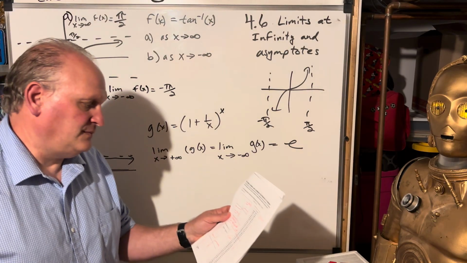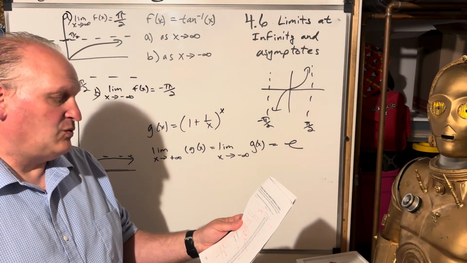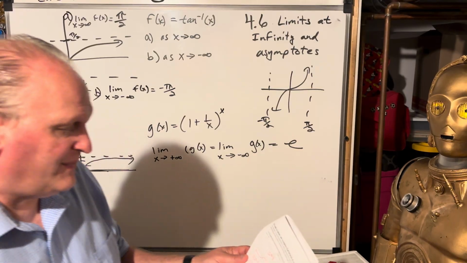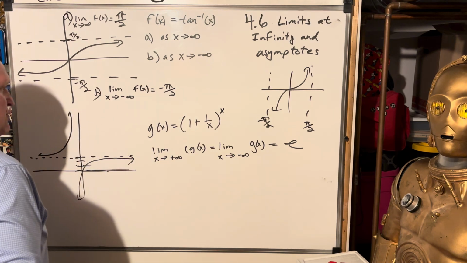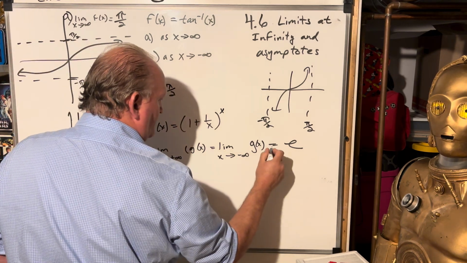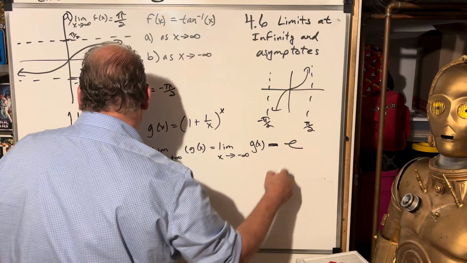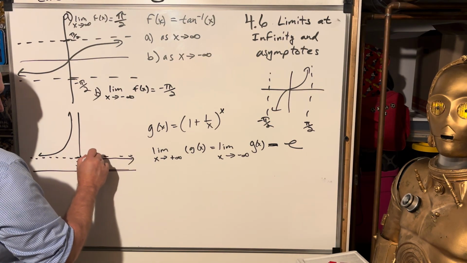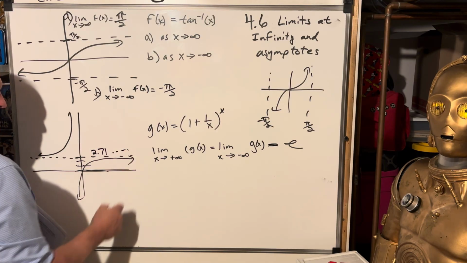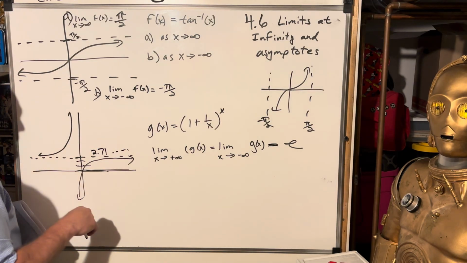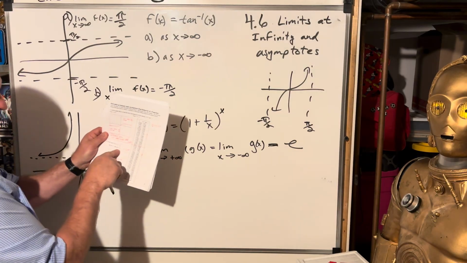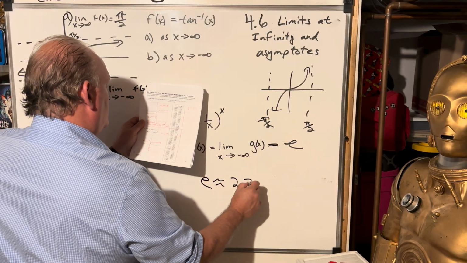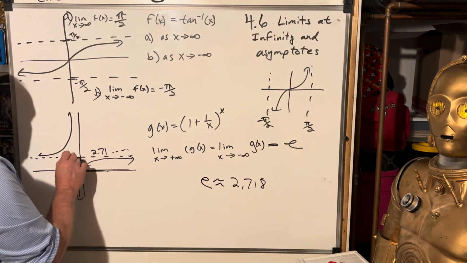On the next picture, they have 1 plus 1 over x, raised to the x power. And that will actually approach e, 2.71, the natural log e. They kind of wrote it for us, so there wasn't much. e is approximately 2.718, and so this is just below 3.